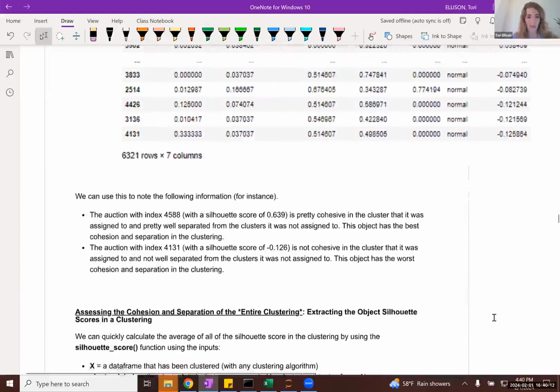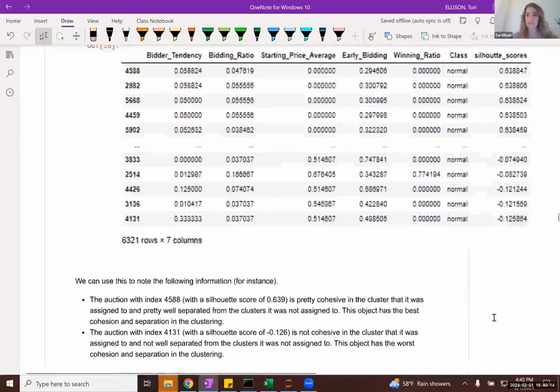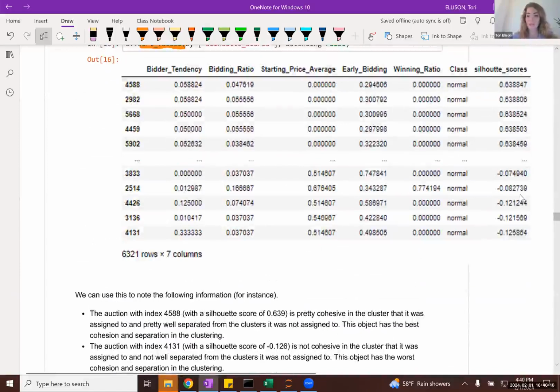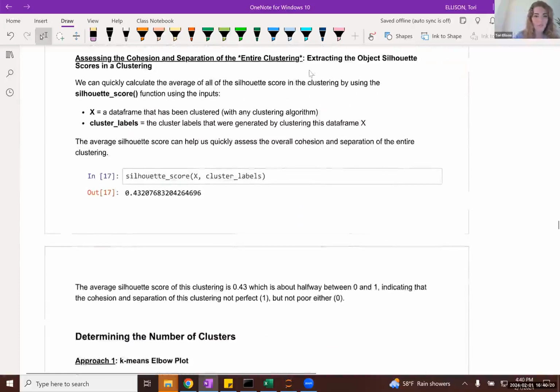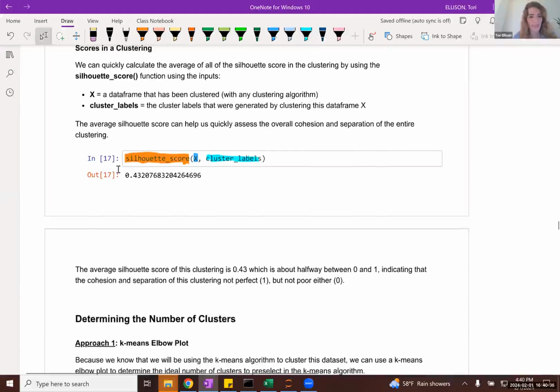Okay. And finally, we could simply take the average of all of these points ourselves, but if we wanted scikit-learn to just quickly do that for us, we can simply use the silhouette score function and give it the data set that we have just clustered, along with the corresponding cluster labels. And what that tells us is that our clustering of this particular data set had an average silhouette score of 0.43.